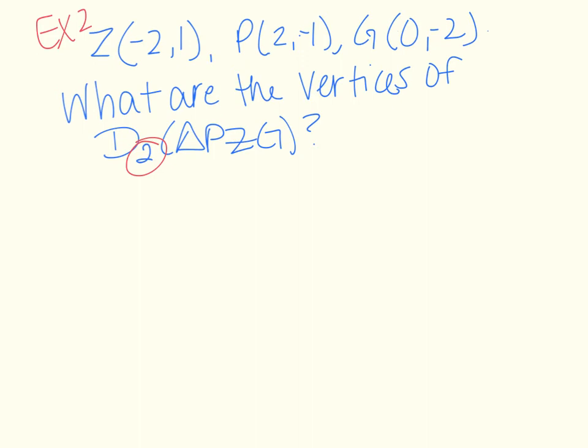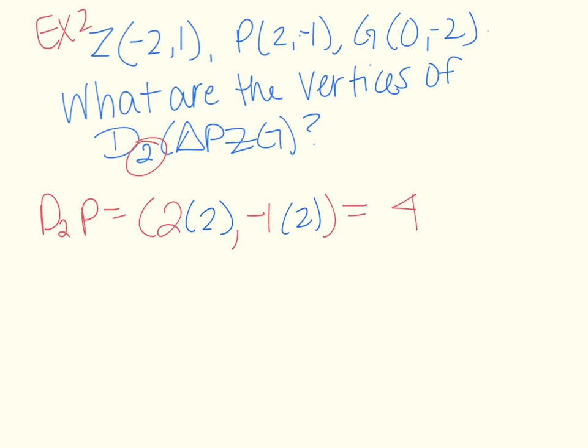Because the scale factor is 2, that tells us it's going to be an enlargement, so we're going to go from smaller to bigger. What you're going to do is very simple. You're going to take your original points and multiply the x value and the y value by the scale factor. P is (2, -1), so I'm going to multiply both of those by 2. So this is going to be (4, -2).